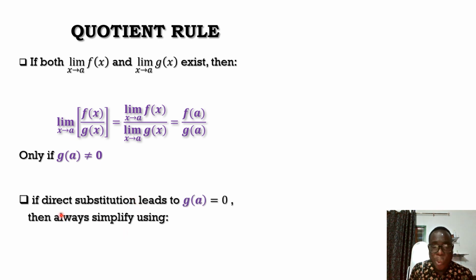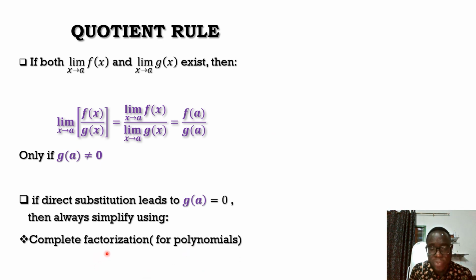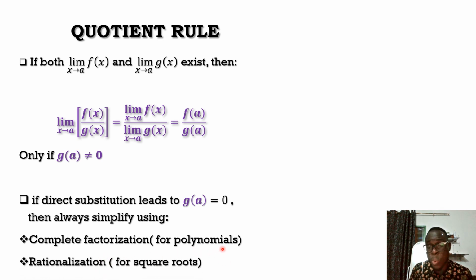So if direct substitution leads to g of a being equal to 0, then always we are going to use simplification to get our answer or our approximate value. Then always simplify using 1, complete factorization for polynomials, and 2, rationalization for square roots.